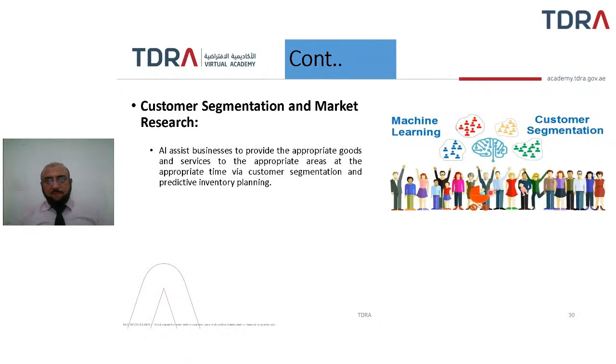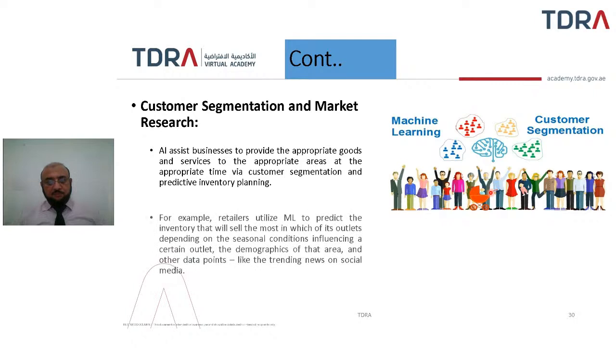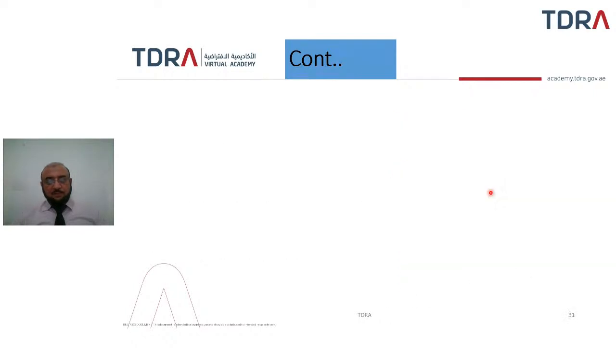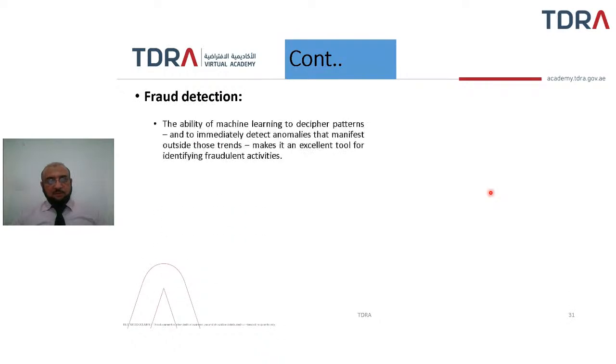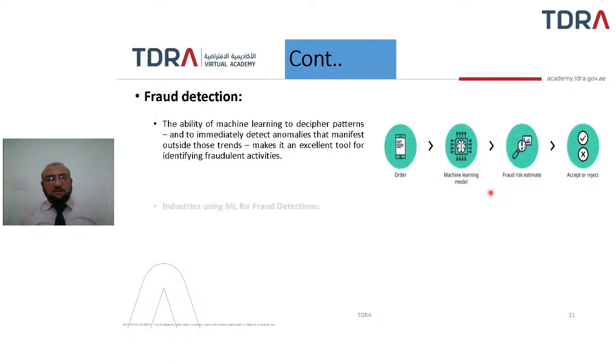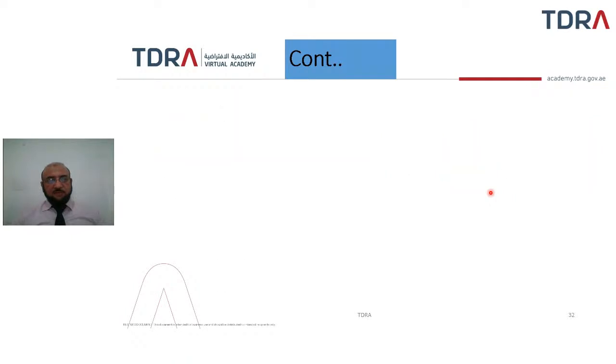We make different customer segmentation in this model. Then we have fraud detection, the ability of machine learning to decipher patterns and immediately detect anomalies and emerging trends. Industries using ML for fraud detection are retail, gaming, travel, and financial services.